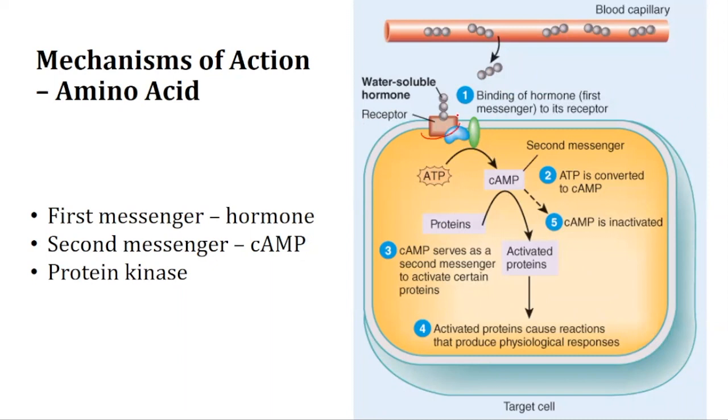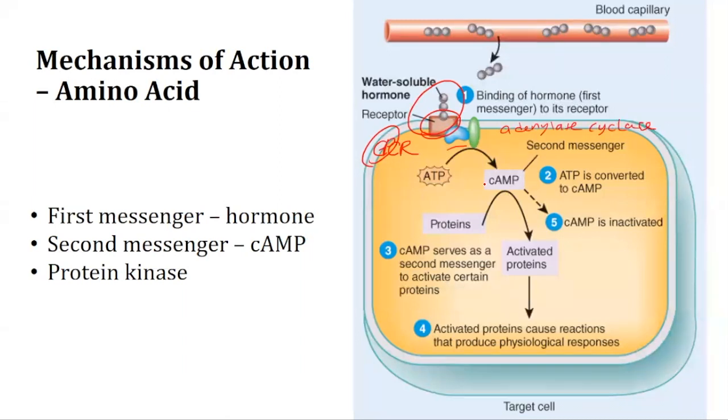And these receptors are often G-protein coupled receptors, GPCR, receptors that are associated with molecules called G protein. Once this complex forms, it's going to activate G protein, and once G proteins are activated, they're going to bind to adenylate cyclase.